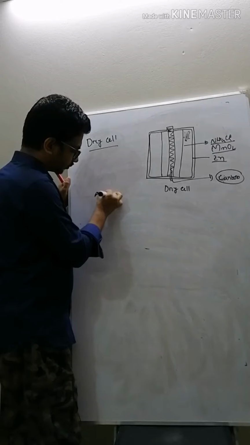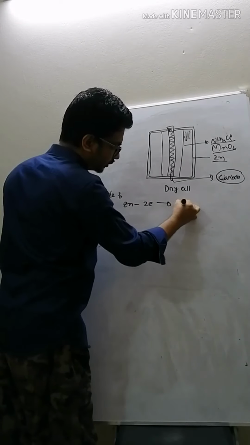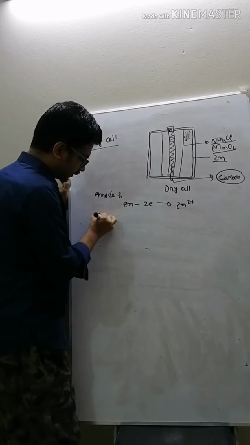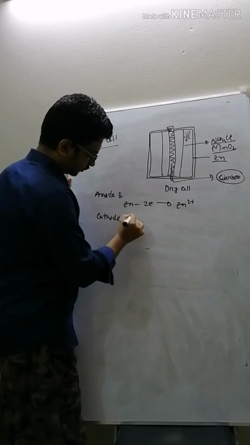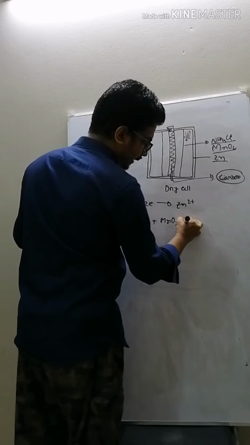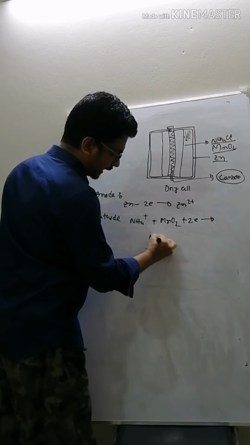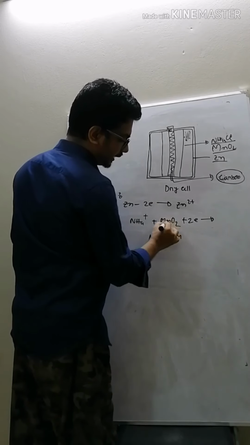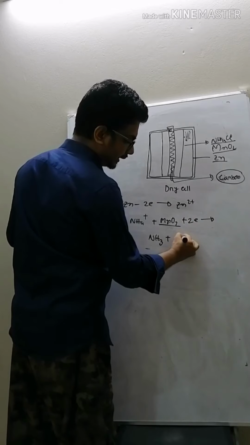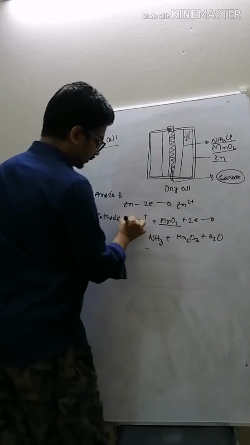At the anode, zinc will donate 2 electrons and produce zinc 2 plus ion, and at the cathode, ammonium ion plus manganese dioxide plus 2 electrons will produce ammonia plus manganic oxide plus water.